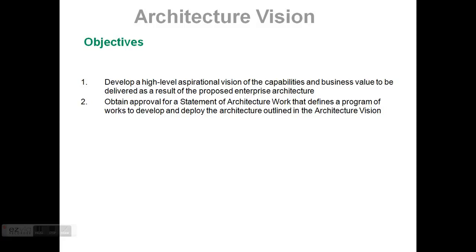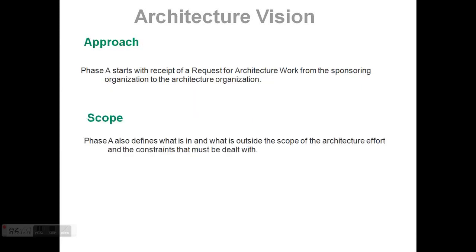And the other thing is to obtain approval for the architectural statement from the main stakeholders and the sponsors of the new enterprise architecture.